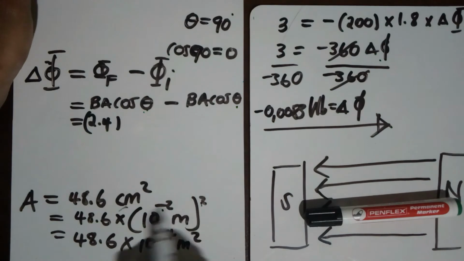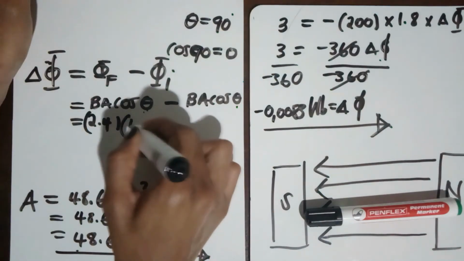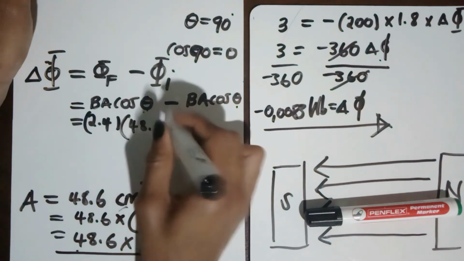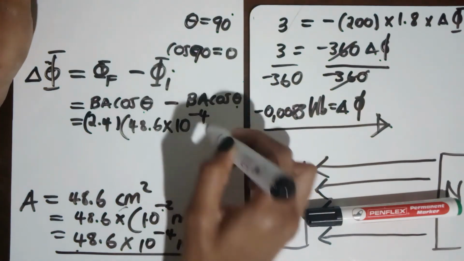So 2 multiplied by -2 will give me -4. This thing twice will give me meter squared, right? So this is your area in meter squared. I can just write it there: 48.6 multiplied by 10 to the power of -4.